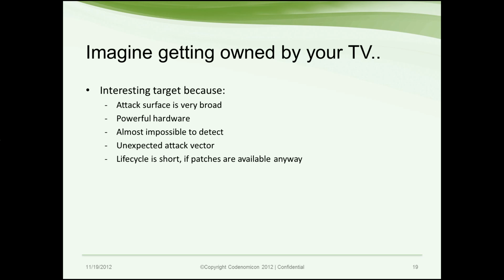It's also a very unexpected attack vector. No one expects that your TV is being compromised or has been compromised, and that your other devices in your network are being attacked through your TV. And of course, attackers take advantage of this fact.